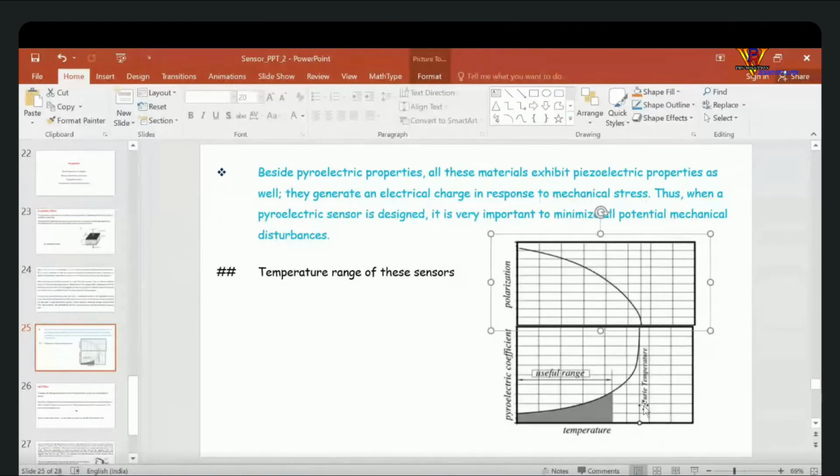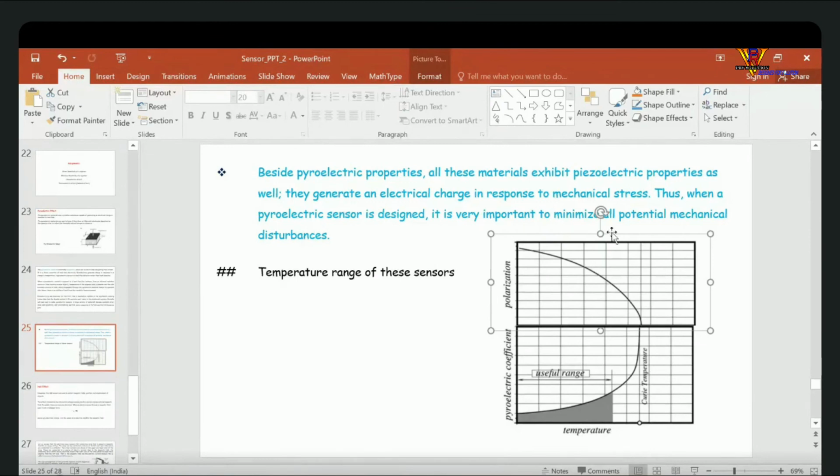With this figure, we can explain something. It is increasing, then after that it becomes constant, which means the pyroelectric coefficient becomes constant. So if we further increase the temperature, there will not be any variation in the induced EMF across the plates of the material.